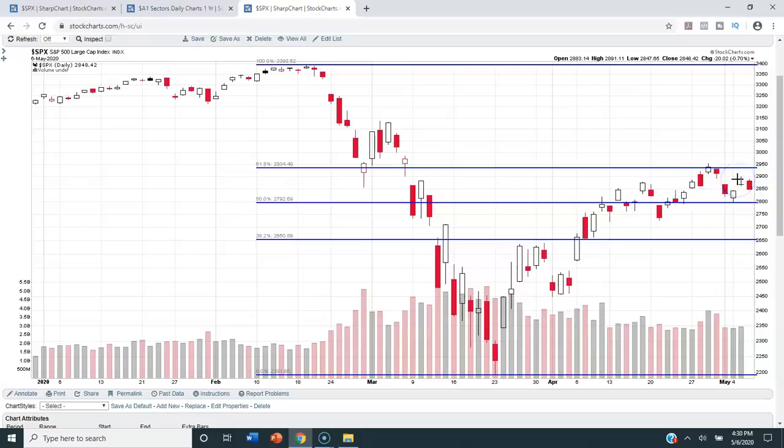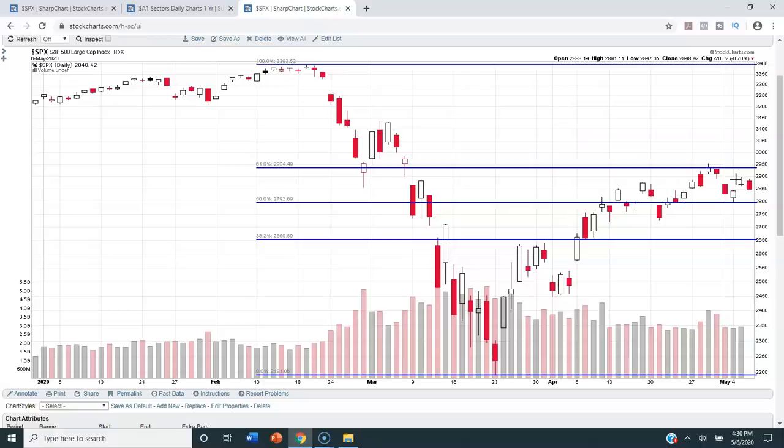But as I've been pointing out for many days now, this has been a very weak, very thin rally where the majority of the strength has been in the technology sector. And I just don't think that the tech sector, as well as some healthcare, is going to be enough to continue to support this market in an upward trajectory.